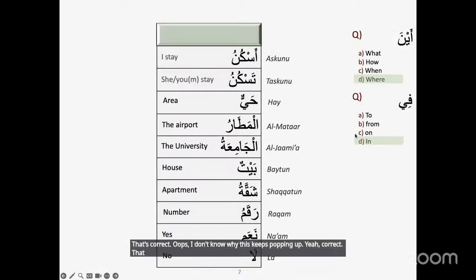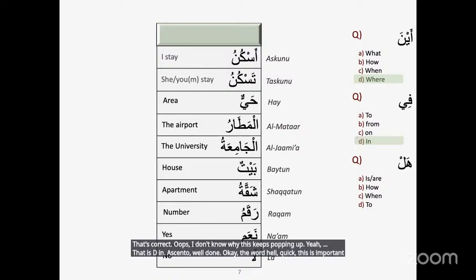That is D, in. Ahsantum, well done. Okay, the word hal, quick, this is important.